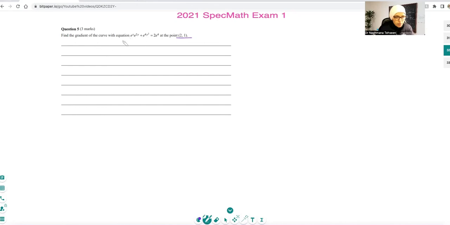Differentiating with respect to x, we use the product rule: e to the power x times e to the power 2y, plus e to the power x times the derivative, which is 2e to the power 2y times dy over dx, plus e to the power 4y squared times 8y dy over dx equals the derivative of 2e to the power 4, which is a constant, so the derivative is 0 with respect to x.